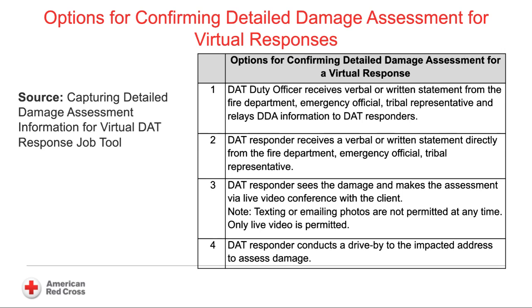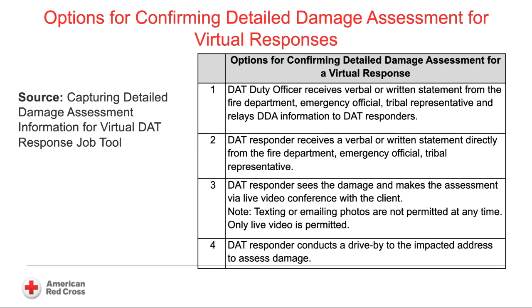Yeah, this one's a little tough. So if people have further questions, where's the best way to route those questions? Alicia, where would you like people to go? Yeah, you can just reach out. The easiest one to remember is just the DAT mailbox, DAT at redcross.org, rather than trying to remember somebody's name.